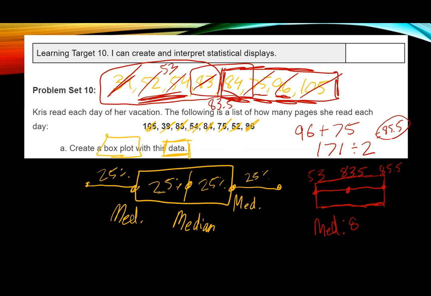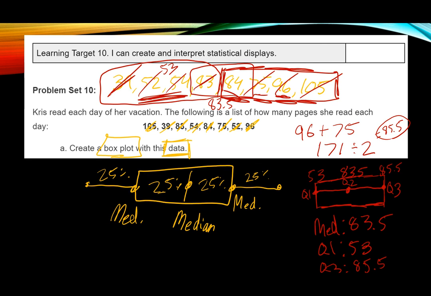All right, so far we have our median of 83.5. We have our first quartile of 53. And then I'm just going to label this Q1. This would be Q2. This would be Q3. This is going to be 85.5.